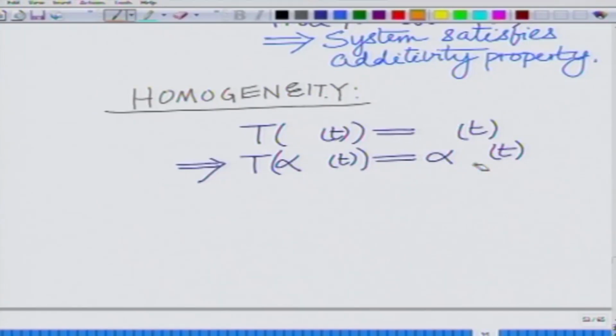That is, if any input x(t) produces output y(t), alpha times x(t) produces the output alpha times y(t), where alpha is any scalar quantity. Alpha is any number.